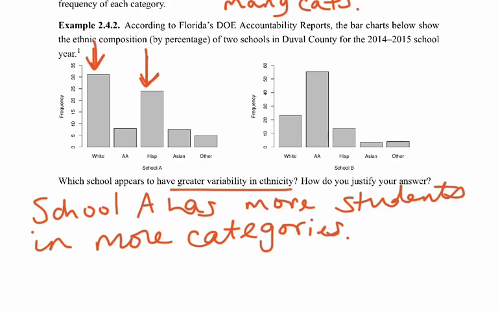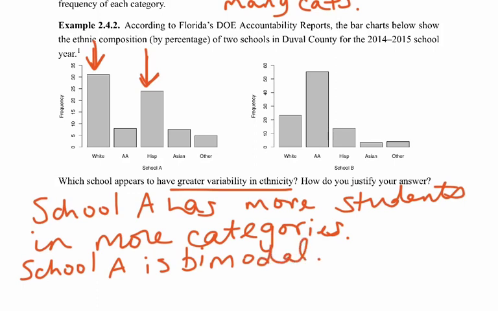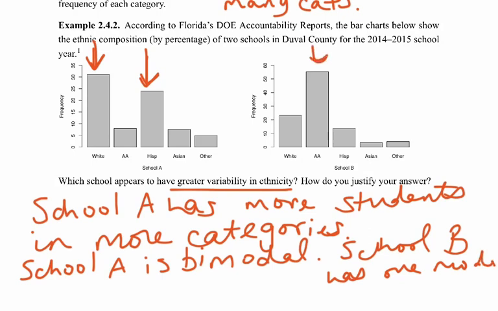They're close. They're only off by about 5 students. So school A, we could also say is bimodal, or has 2 modes, versus school B, which only has 1 bar that's far above the rest. So school B has 1 mode. We can see that right there.